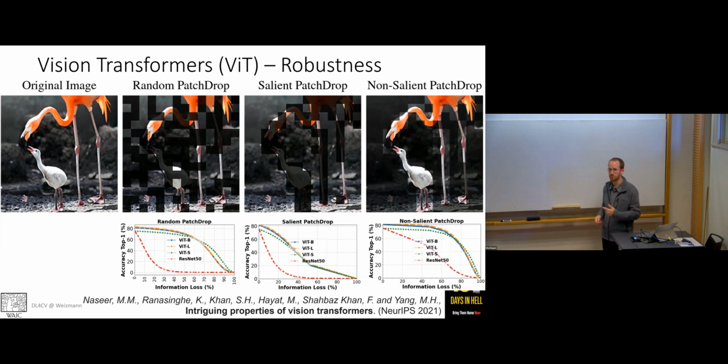And if we drop only background, non-salient patches, then we can drop a significant amount and still classify the image correctly. And think about the efficiency of this method: we can process a very small portion of the image, get a good classification, and do it very efficiently because we pay quadratically with the number of patches.